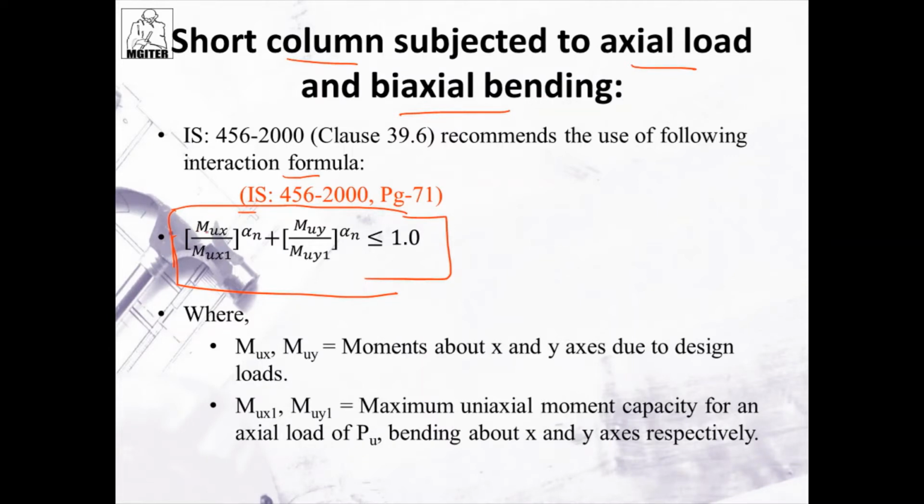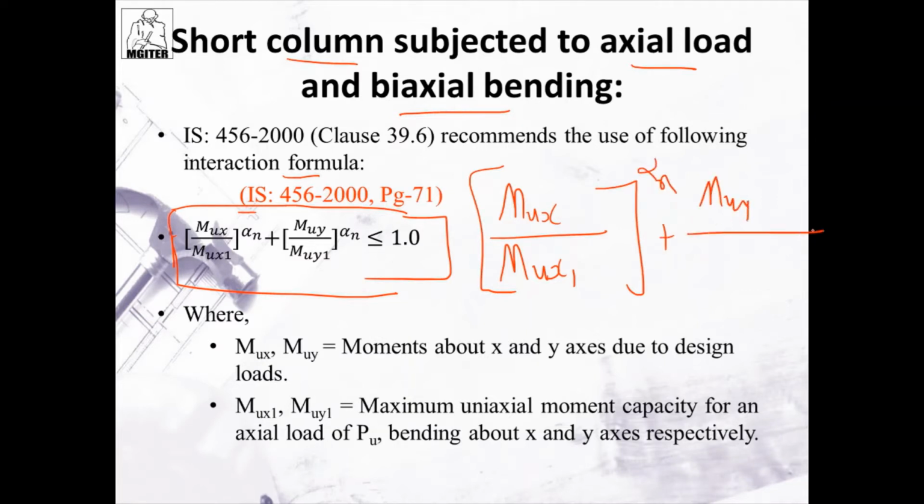The formula is MUX divided by MUX1 raised to alpha n, plus MUY divided by MUY1 raised to alpha n, is less than or equal to 1.0.